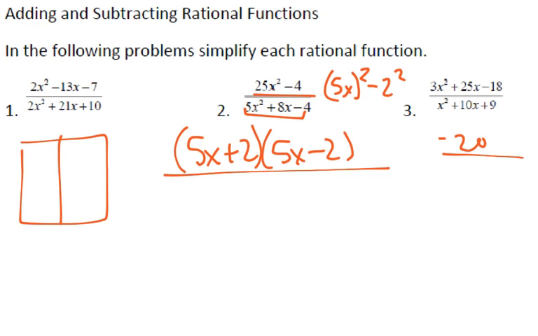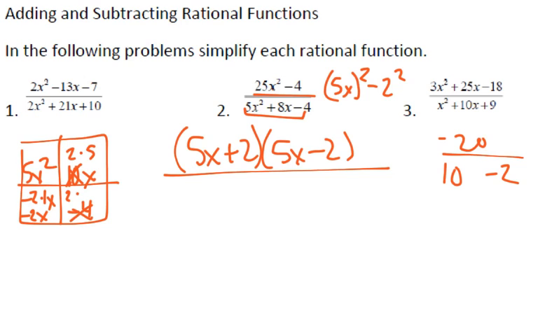So that would be 2 and 10, right? Positive 10, negative 2. So 10x, which is like 2 times 5. Negative 2x, which is like negative 2 times 1x.